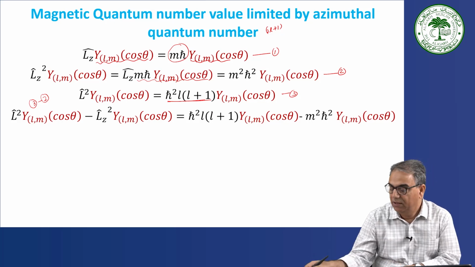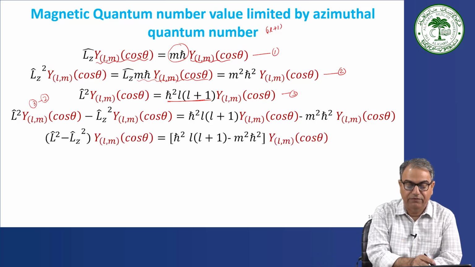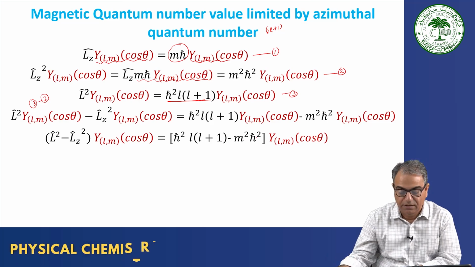Very obvious. Then Ylm(cos θ) is common, so this will be (L² − Lz²) on the left, and ħ² [L(L+1) − m²] Ylm(cos θ) on the right.